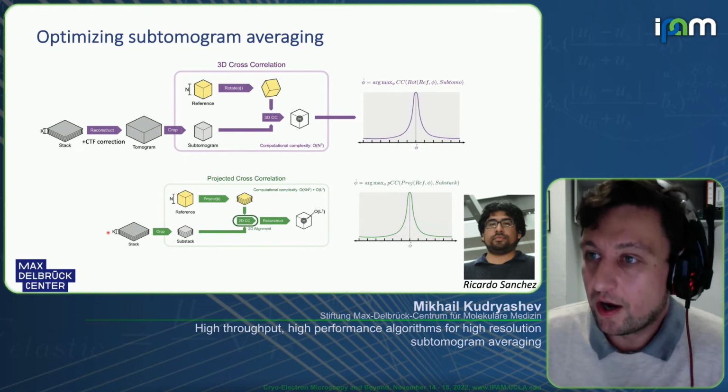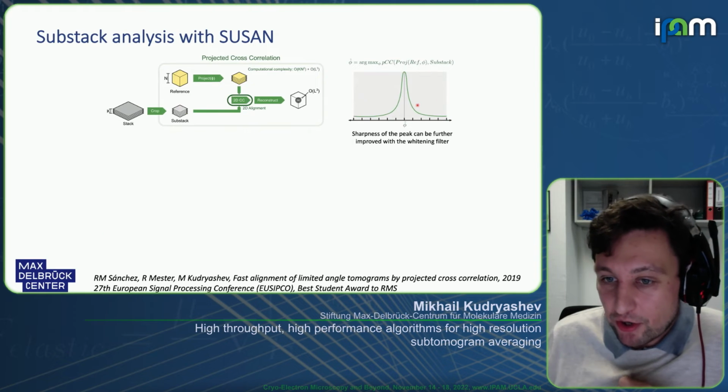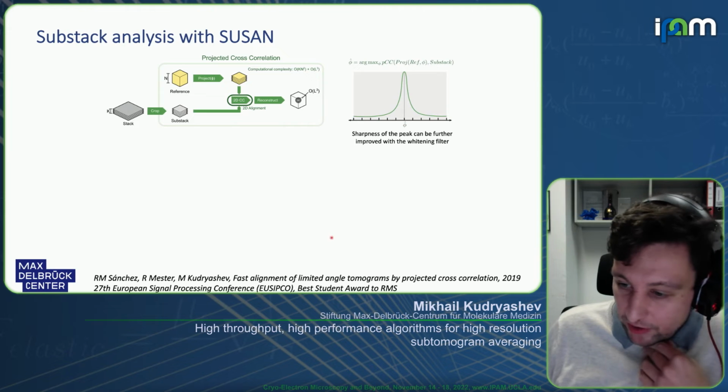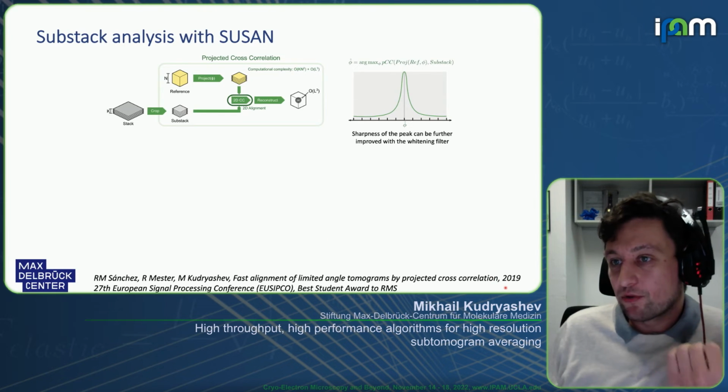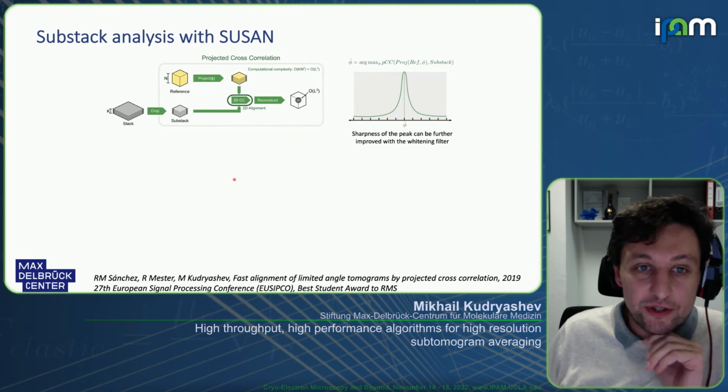You can also do the maximization in 3D and make this peak sharper, which Ricardo does with a whitening filter. We reported this as a proof of principle on simple data in 2019 at a conference.